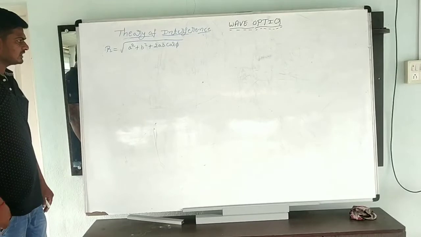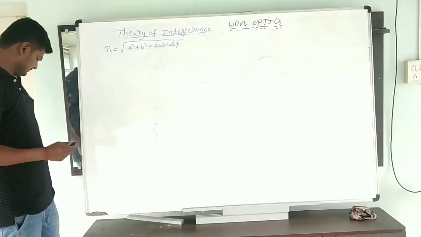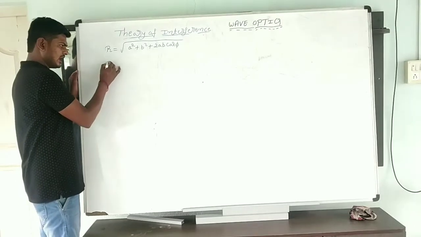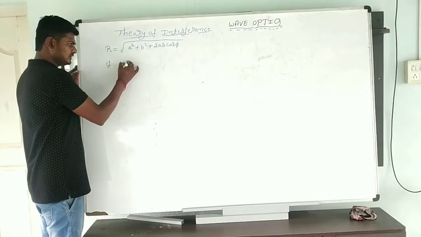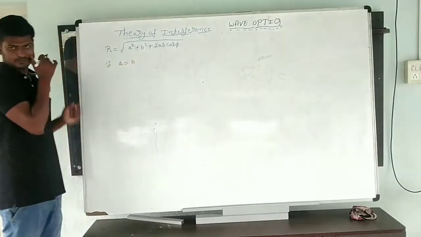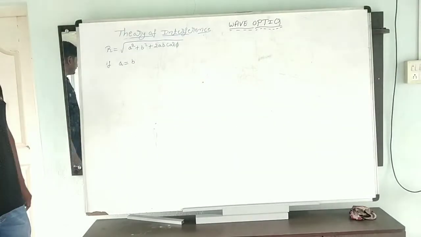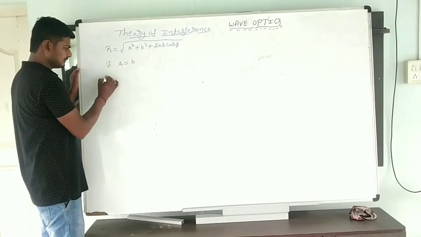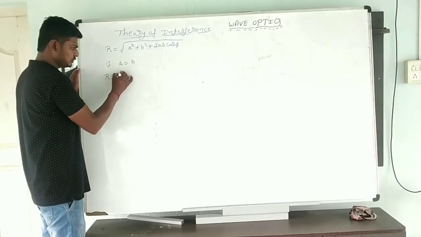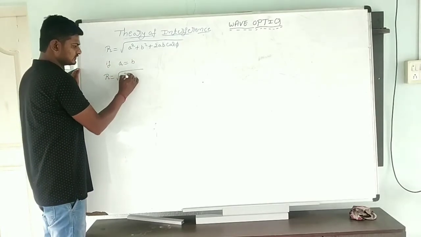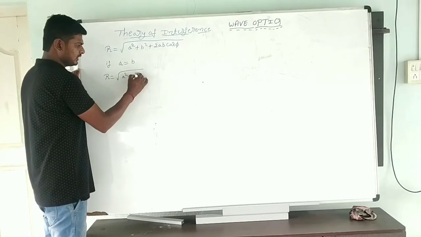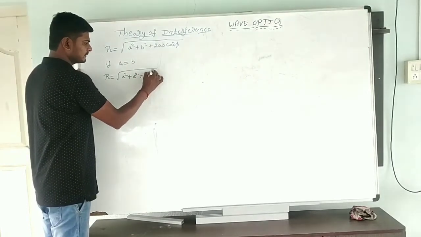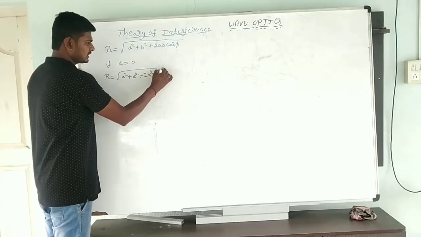Now say if the amplitudes of both the waves are the same, what is going to become? R is equal to root of A square plus A square plus 2A into A, that is 2A square cos phi.